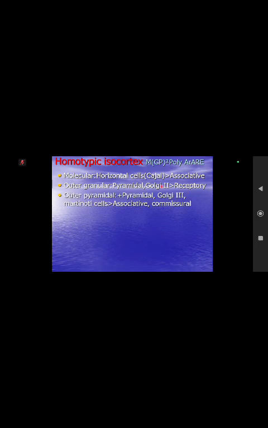Then the outer pyramidal layer consists of medium-sized pyramidal cells, and also some Golgi type 3 cells, and some other cells we call Martinotti cells. These are neurons that have specific names based on who described them. Somebody called Martinotti described those ones.